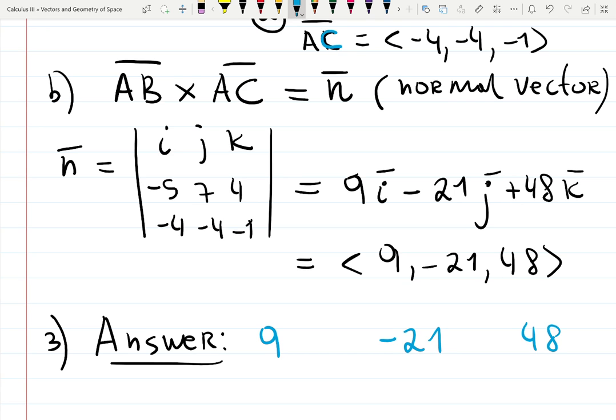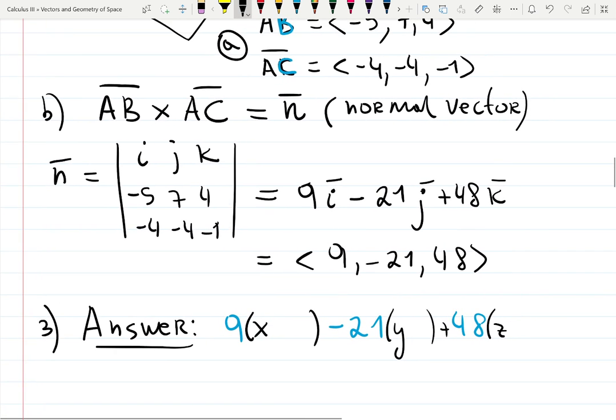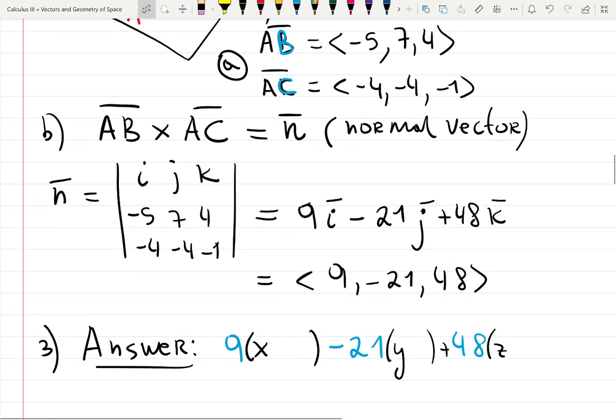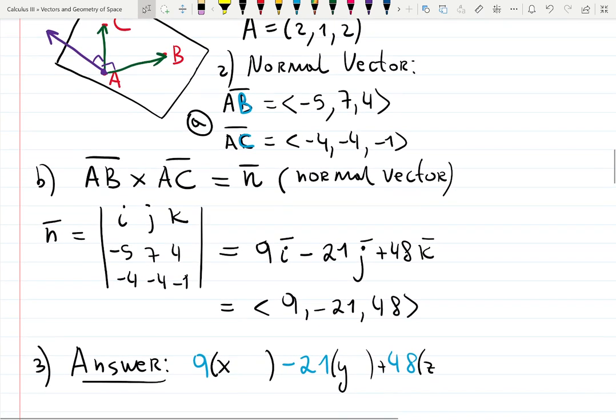That is my slope or steepness of the plane. Now I will have x, y, and z minus each point. This is how you build the equation. And then what are the points? We chose point A. So you can do minus 2, minus 1, minus 2 equals 0. Many of us like leaving the answer like so.